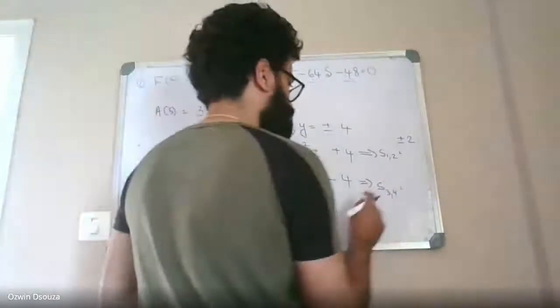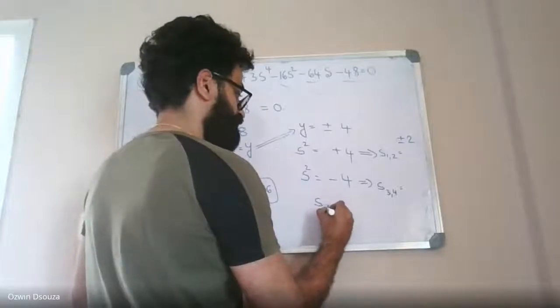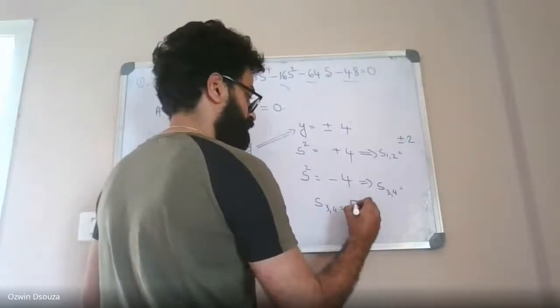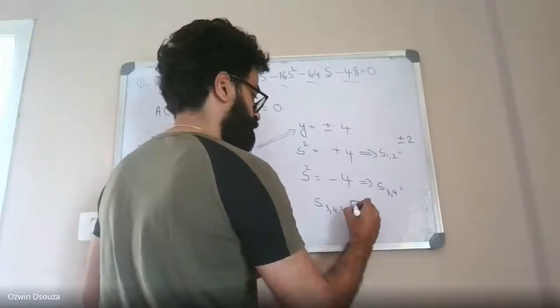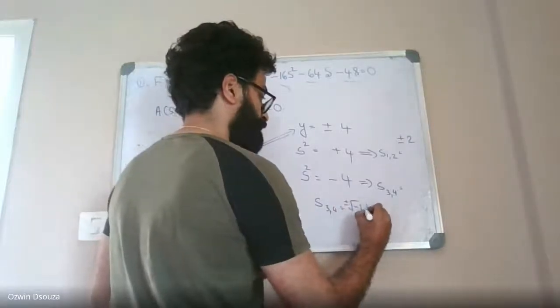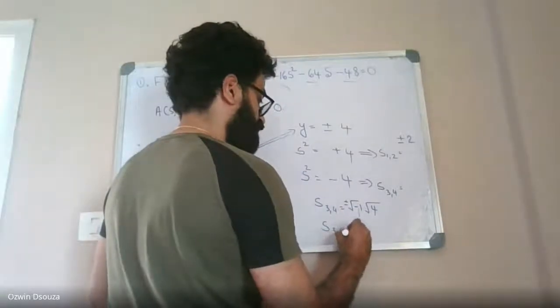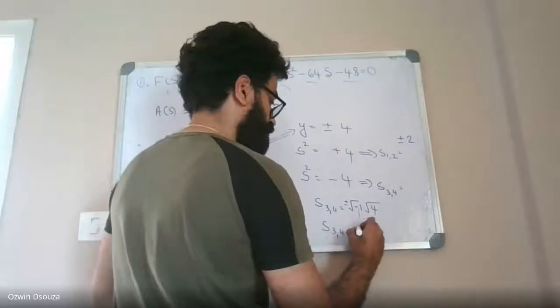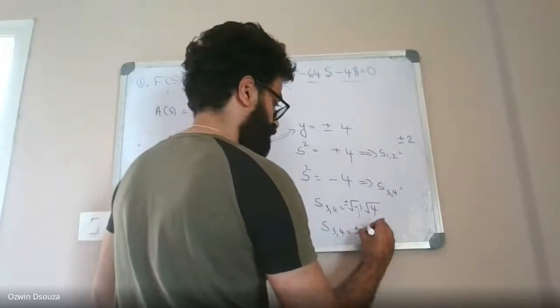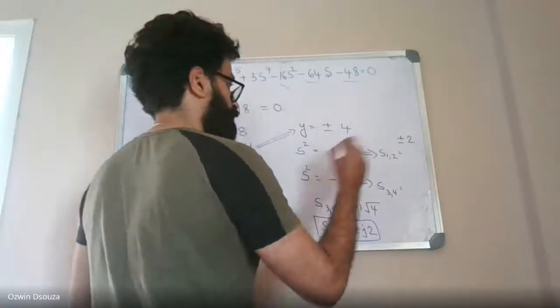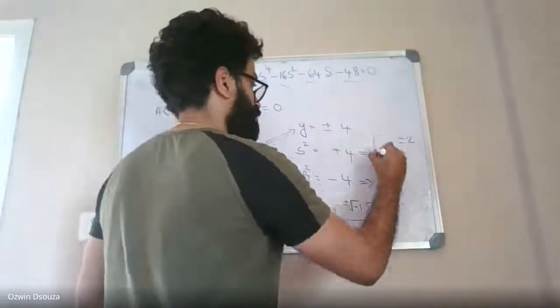And when you solve this, okay, s 3 comma 4 is equal to under root minus 1 into under root 4. So basically, s 3 comma 4, you will get it as plus or minus j2.